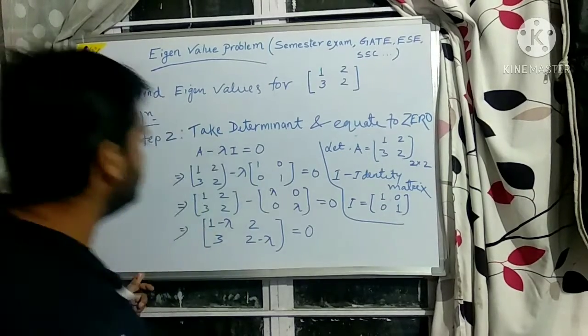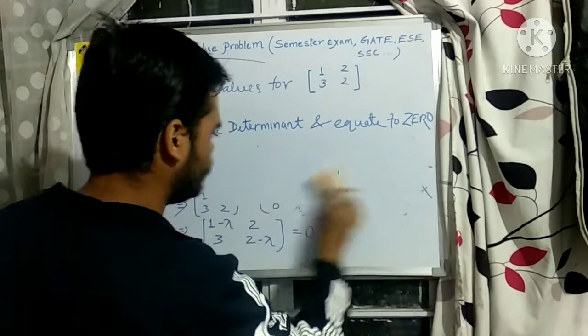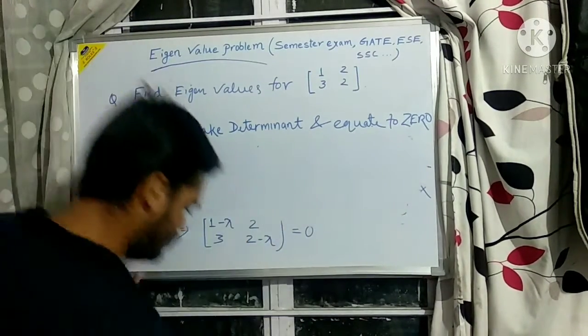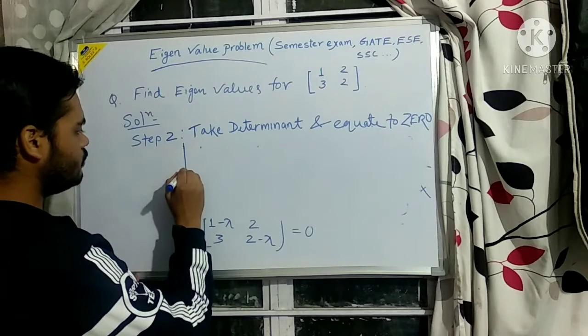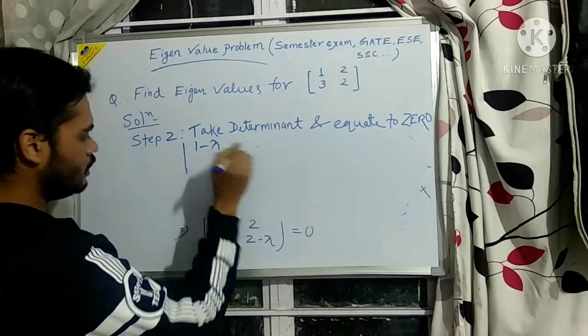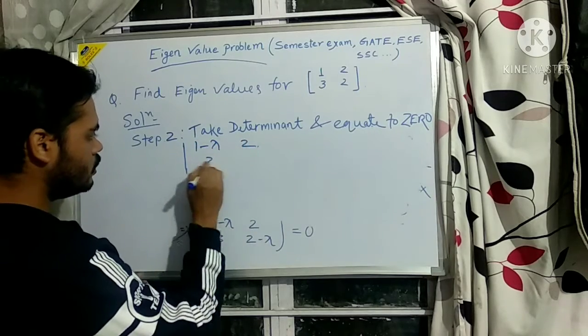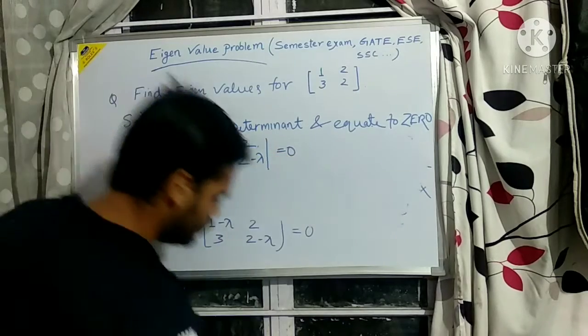I am writing these things again. I hope you know how to calculate the determinant. The determinant is simply denoted between two straight lines. So 1 minus lambda, this is 2, this is 3, 2 minus lambda, this is equal to 0.